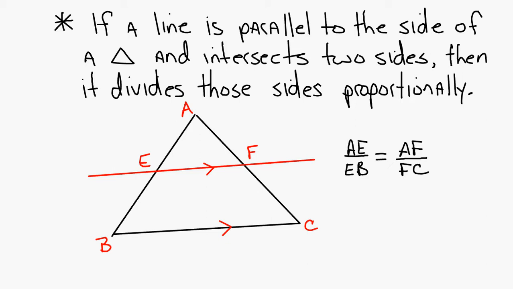Now, keep in mind when you're dealing with proportions, remember in a proportion, cross products are congruent to each other, right? It means that you can switch EB and AF, or you could switch AE and FC, or you can switch them both. So there's other combinations that you can use in that proportion that would still be true.